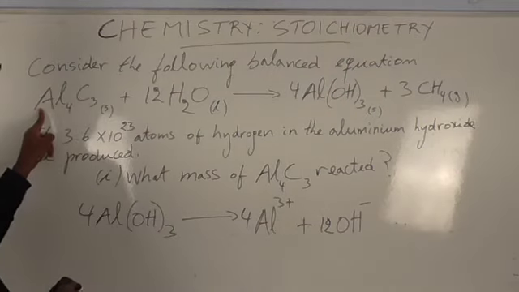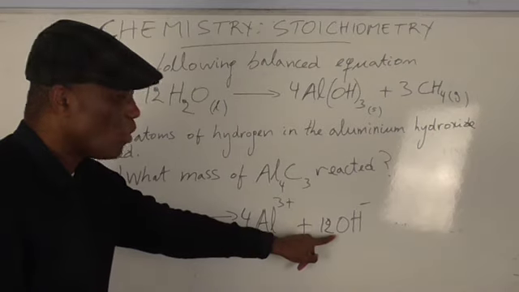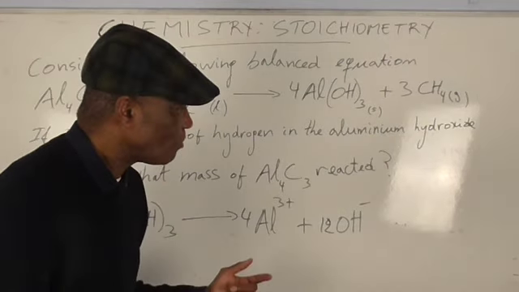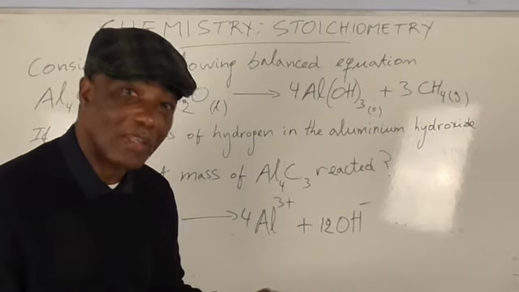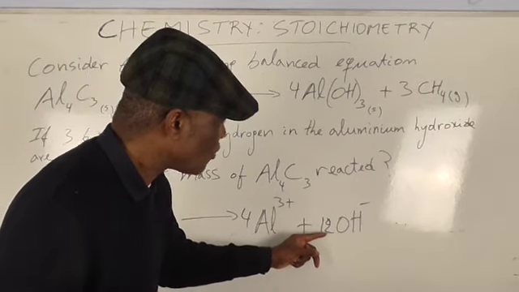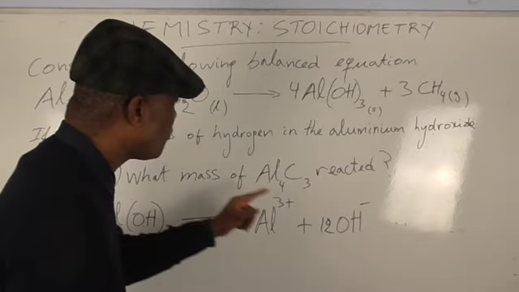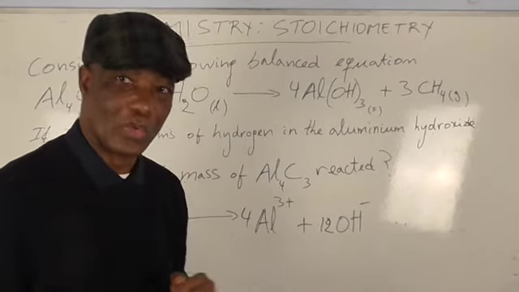So 1 of aluminium carbide for 12 moles of OH minus, and as I said, in OH minus we have hydrogen. So the ratio is 1 aluminium carbide for 12 hydrogen.